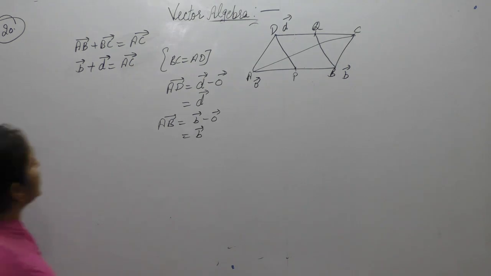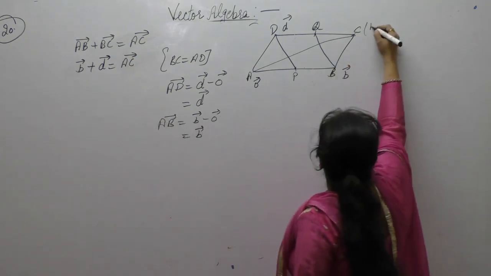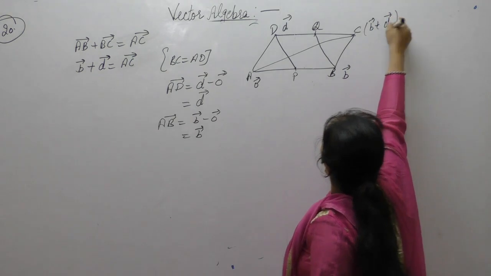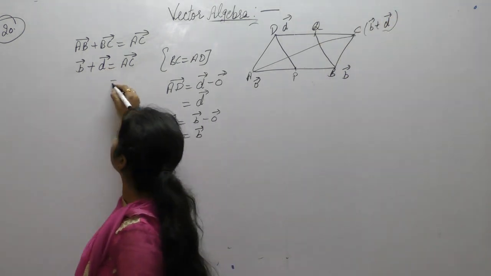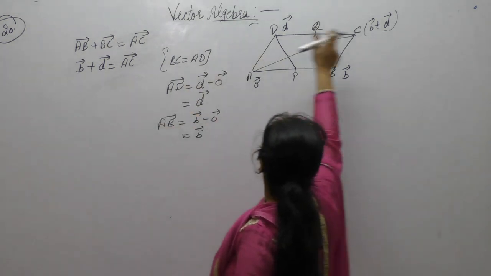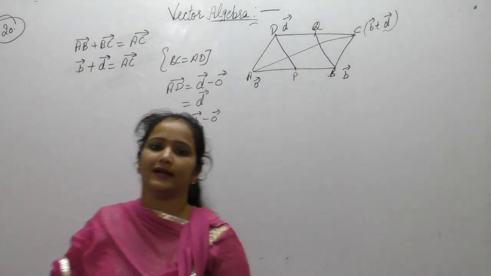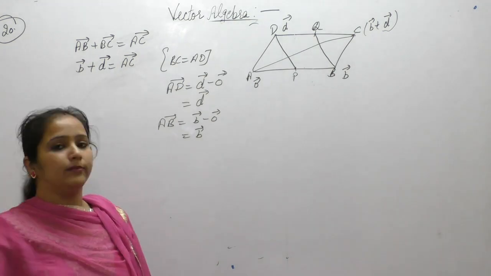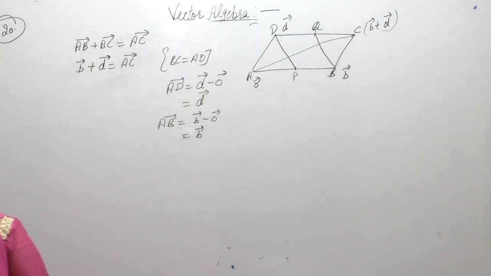That is B vector plus D vector, the position vector of C minus the position vector of 0. Therefore, point C has the position vector B vector plus D vector.